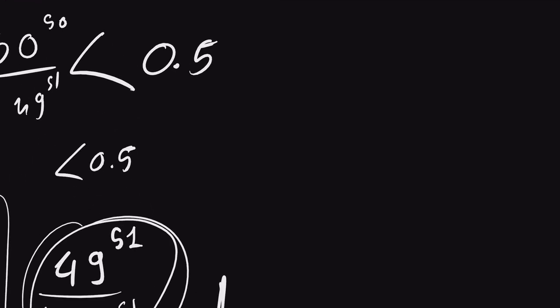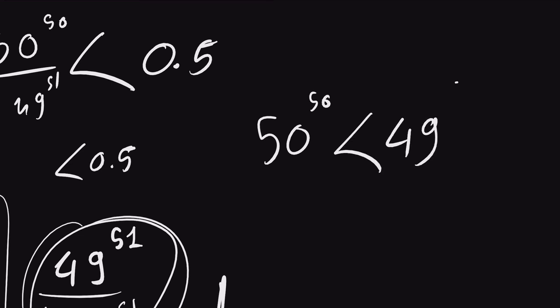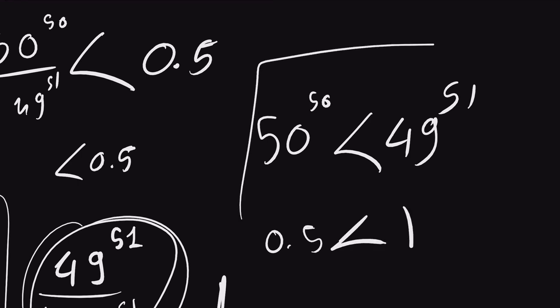So we can conclude that 50 to the 50 is less than 49 to the 51, because 50 to the 50 divided by 49 to the 51 we approximated to be around 0.5, even if it is less than 0.5. 49 to the 51 divided by 49 to the 51 is 1, and 0.5 is less than 1. And so this inequality is true.